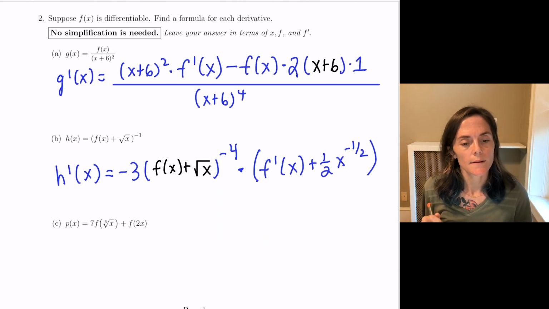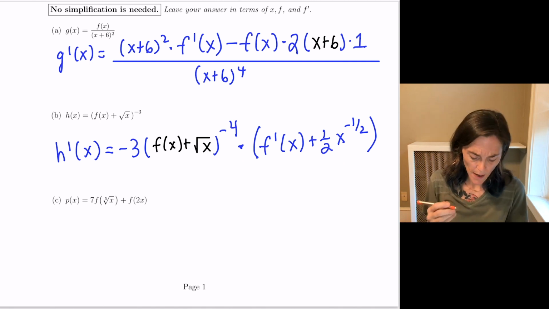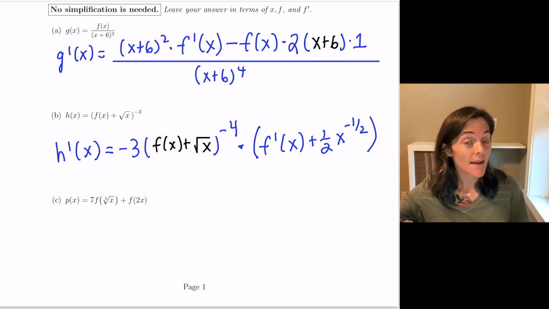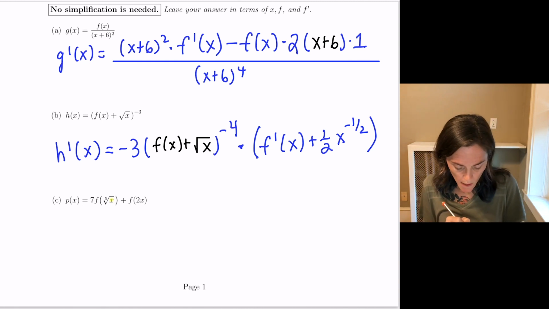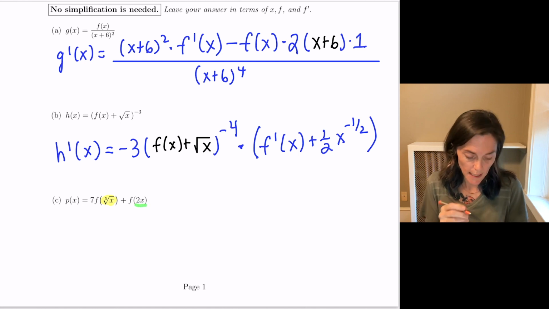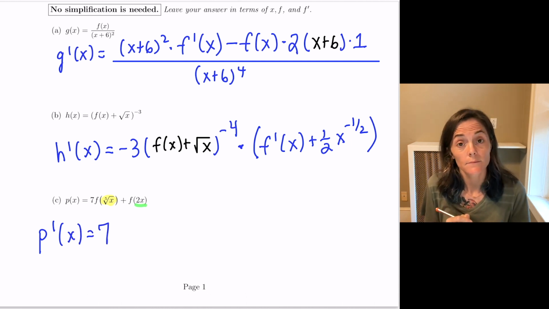Next one. This one I've had multiple questions on from students. It's a great one. So here, the f is my outside function, but I really have a sum of two terms. This one will be a chain rule, and similarly, this one will be a chain rule, but I have two different inside functions. So let's get started. P prime of x. We write down the 7.